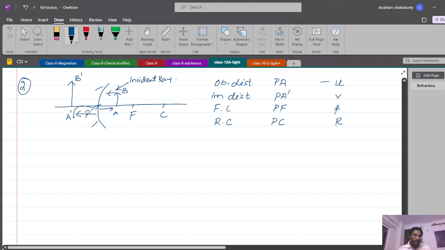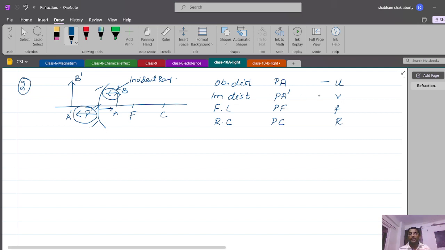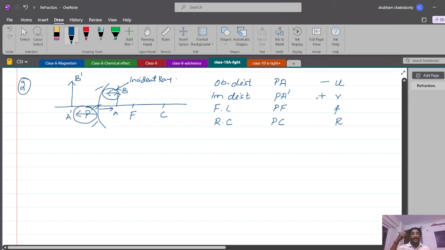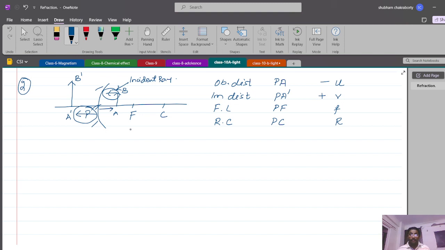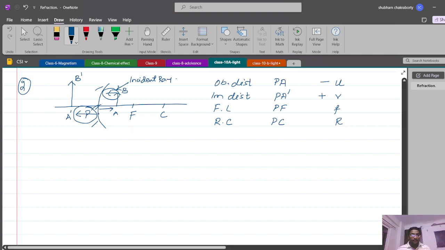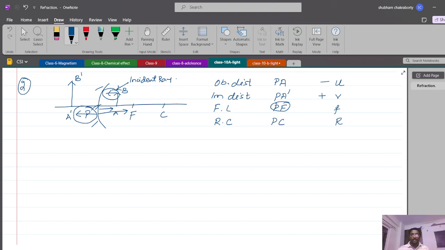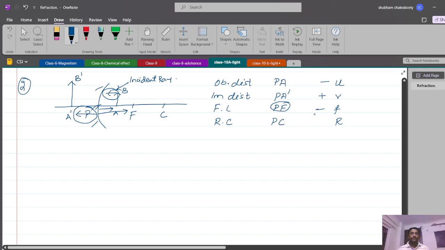Now see, this arrow and this arrow, they are in the same direction. Hence the image distance becomes positive. In the last one, the image distance was negative, but here it becomes positive. Focal length from P towards F. That is how we are measuring it. See, PF. So from P to F. But where is the incident ray going? Opposite direction. Hence, negative. And if focal length is negative, radius of curvature is going to be negative.